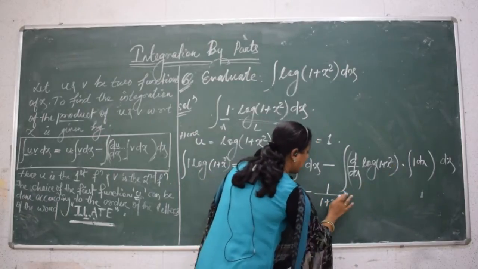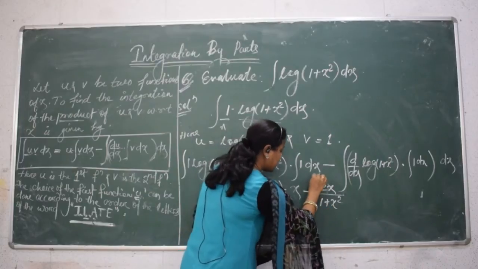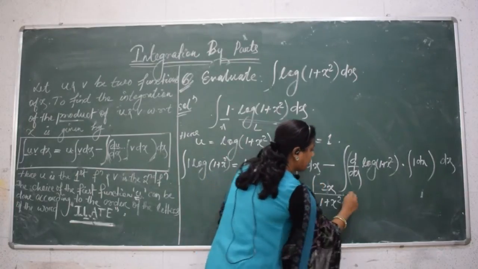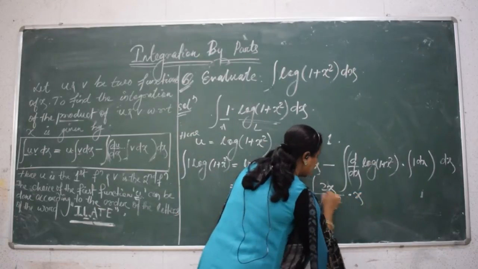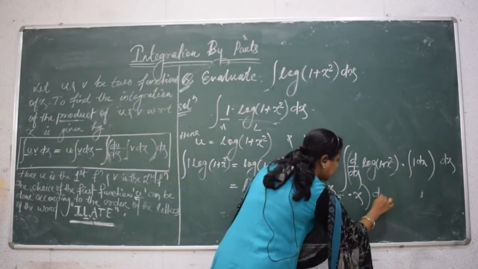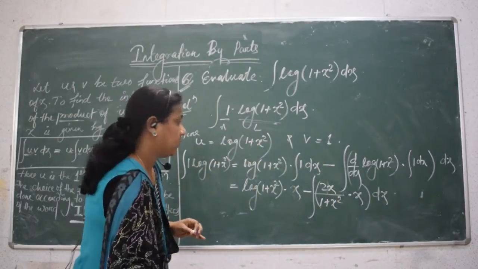So here I can write directly 2x by 1 plus x square. Here the integration sign is there, and the integration of 1 dx we got, that is x. Again you have to integrate this with respect to x.